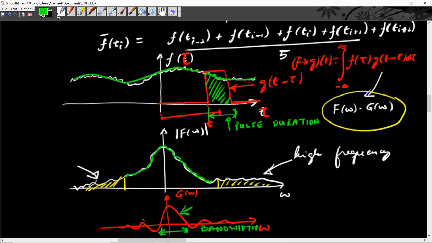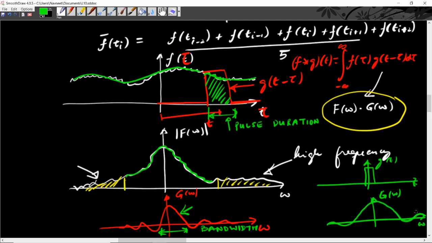That means the Fourier transform of a rectangular pulse that is very narrow would be broad, and the Fourier transform of a broader pulse would be narrow.